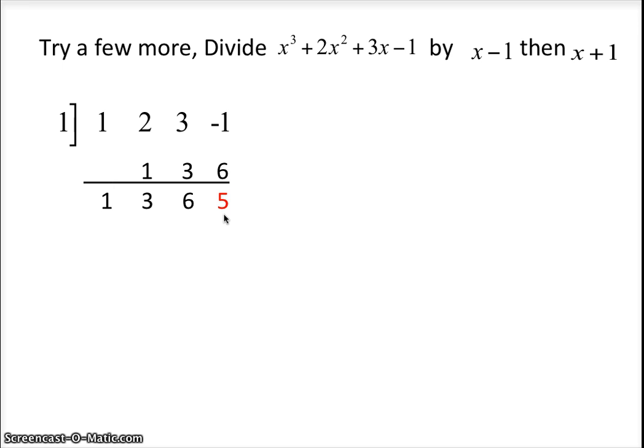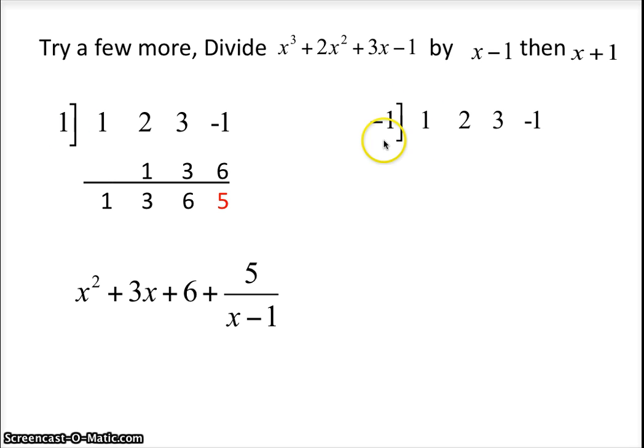So we have a remainder of 5, a constant, an x term, and an x squared term. So x squared plus 3x plus 6 with a remainder of 5 over x minus 1 because our k was a positive 1. Let's try it again with a k of negative 1.